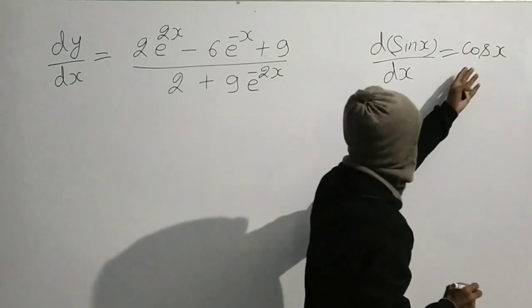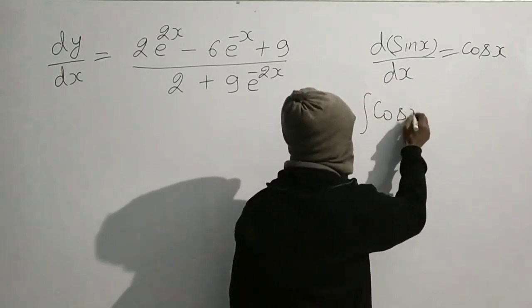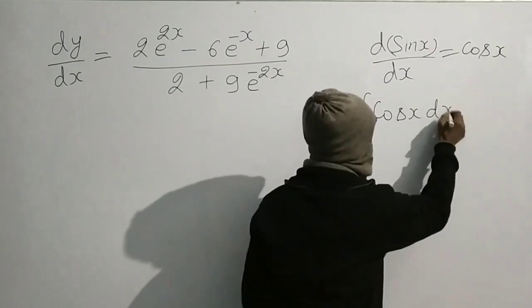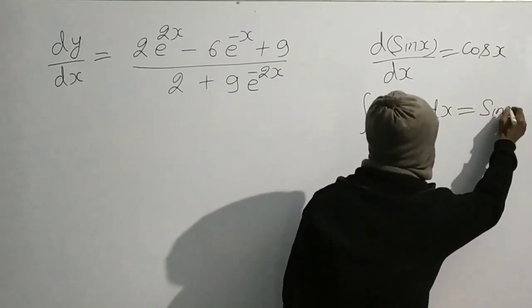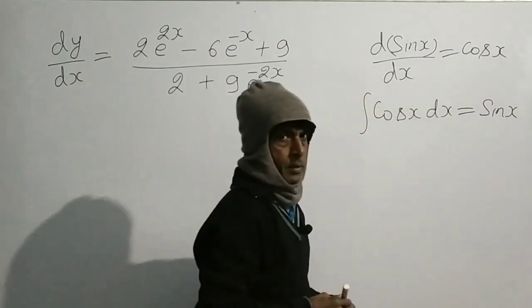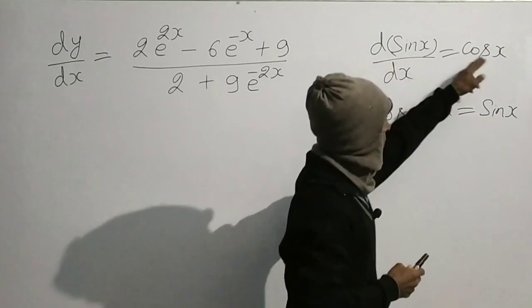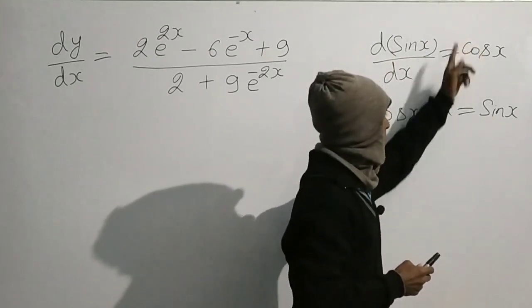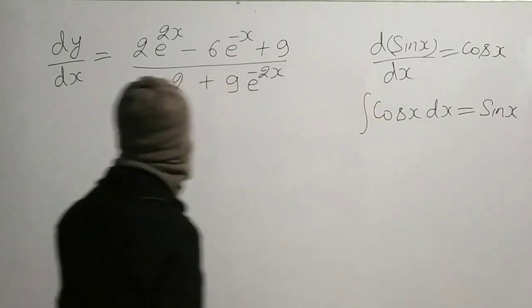Therefore, when we integrate cos x with respect to x, it will give sin x. If we differentiate sin x and get cos x, then the integration of cos x will give sin x.